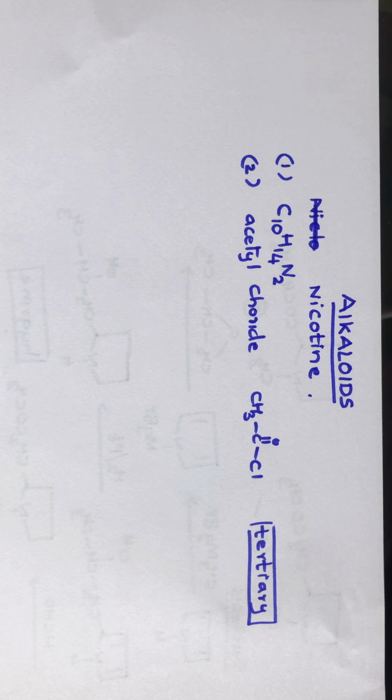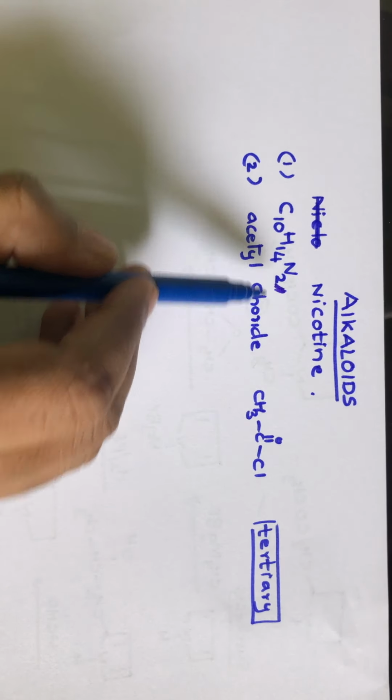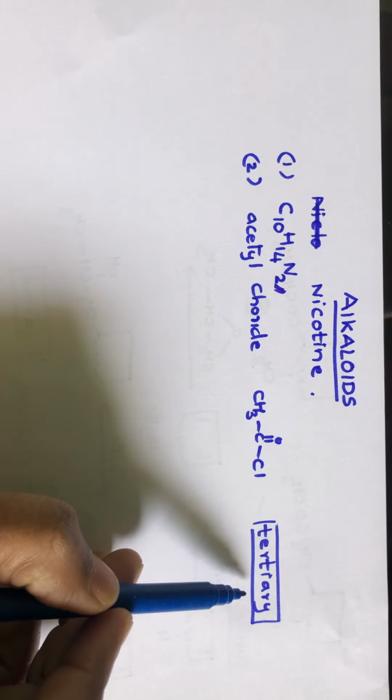One of the nitrogen atoms is present as an NCH3 group, determined by the Herzig-Meyer method. See, this nicotine contains two nitrogen atoms. Both are tertiary in nature because this does not react with acetyl chloride. Because if the nitrogen atoms are primary or secondary, then they react with acetyl chloride. Generally, N-acetylation takes place.